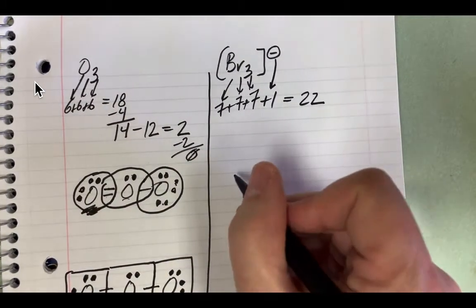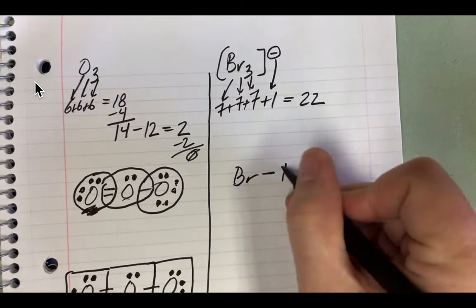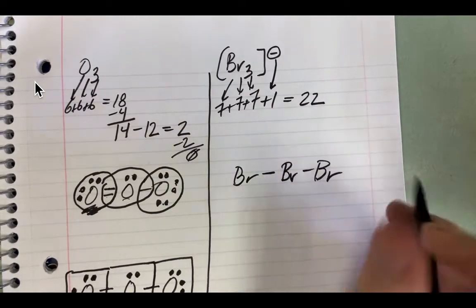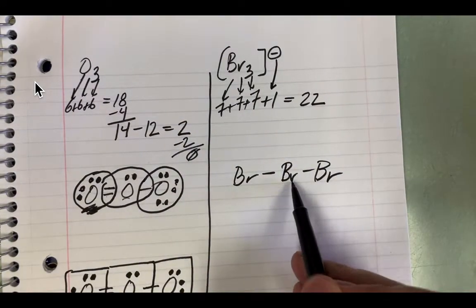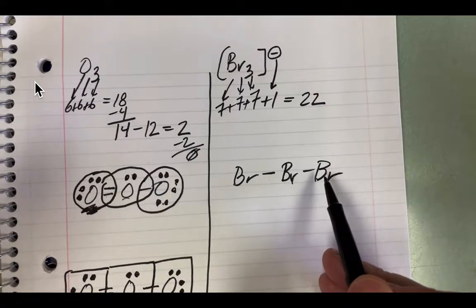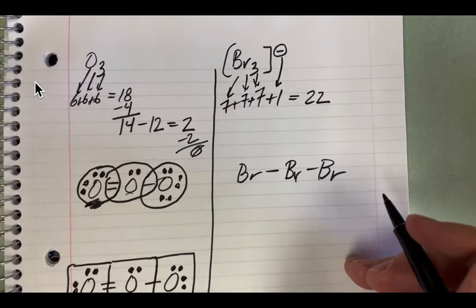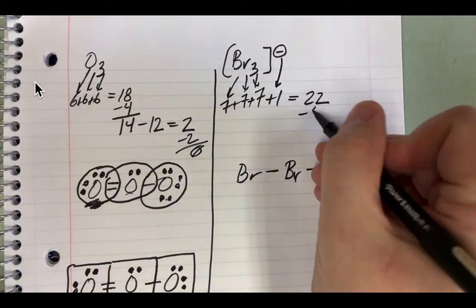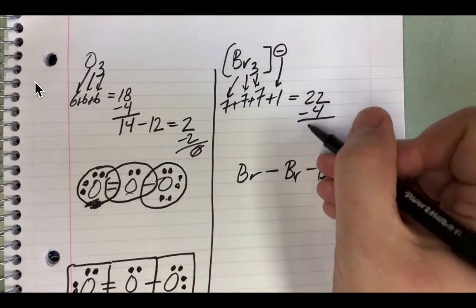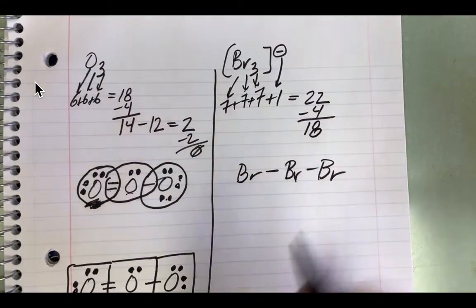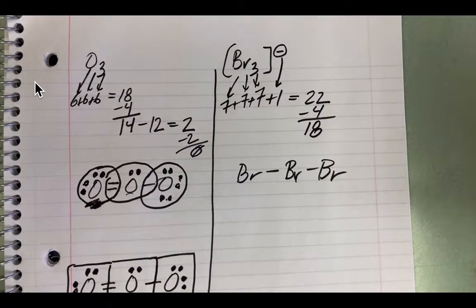But part of this is going to look familiar. So Br dash Br dash Br. Again, we have this weird scenario where the central atom and the outer atoms are the same element. But in other ways, it's a lot similar to things that we've looked at before. And doing that again required 4 electrons, leaving me with 18 electrons to assign.